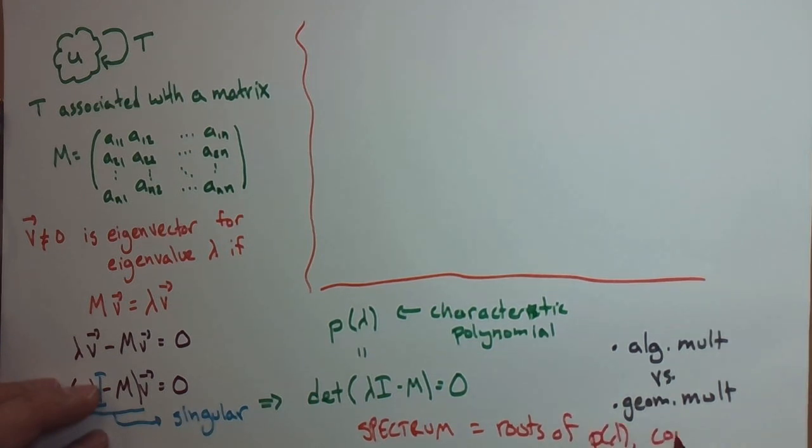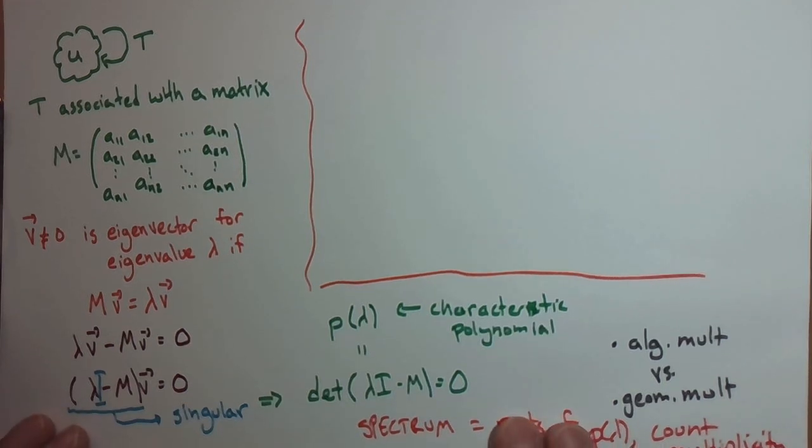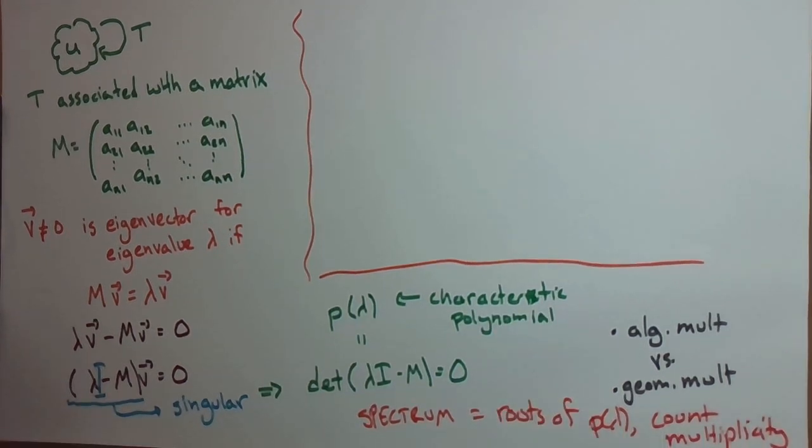And you count multiplicity. So in other words, if you have a repeated eigenvalue, you make sure that you count that however many times you need to.